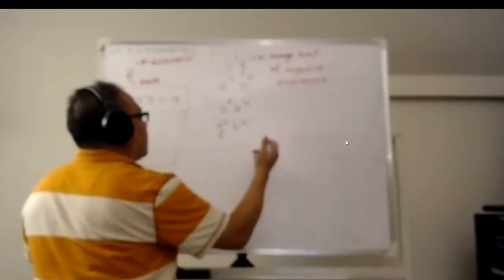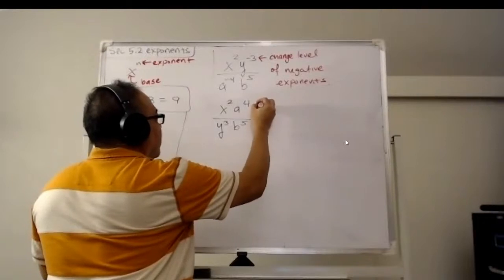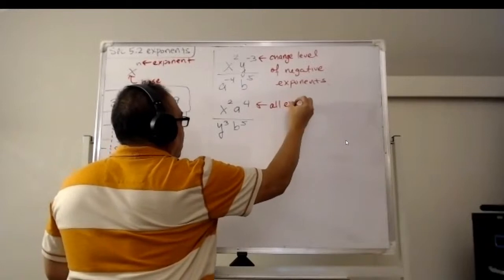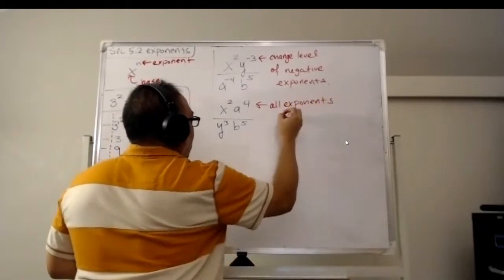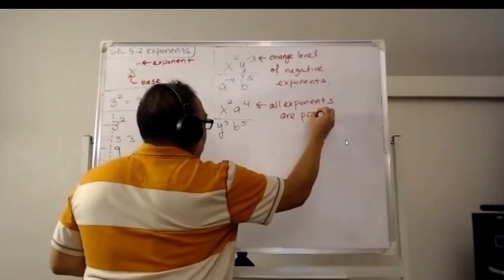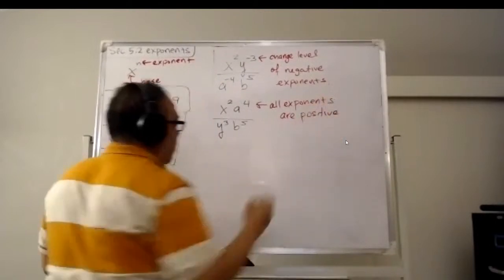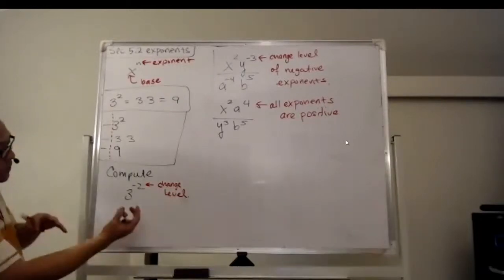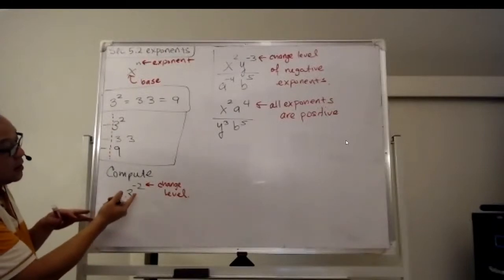Now, once they change level, these now become positive. So over here, this 3 is in the numerator.